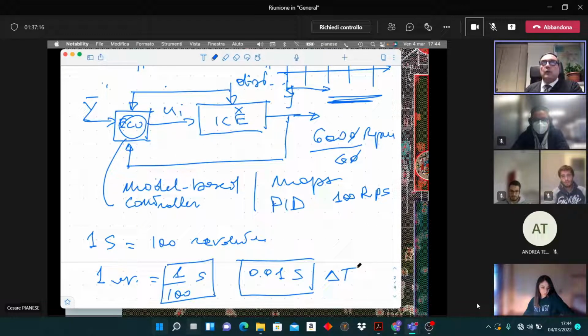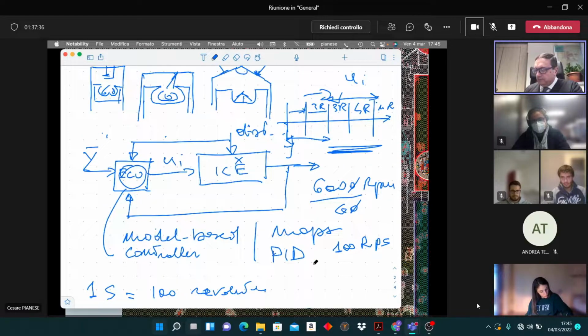Of course, if you should do this every 2 revolutions, this will be 0.02 seconds. And within this time frame, you should be able to do one computation.